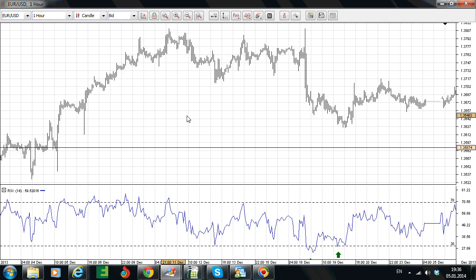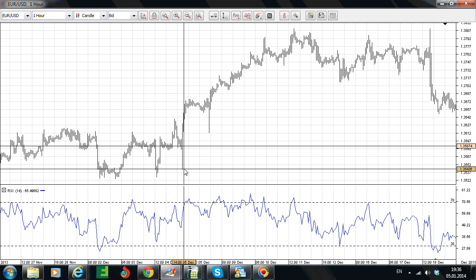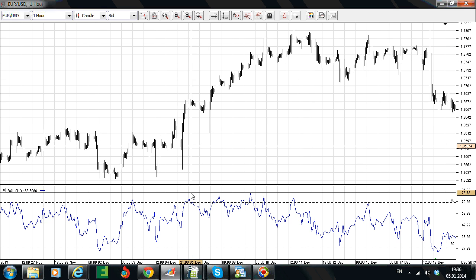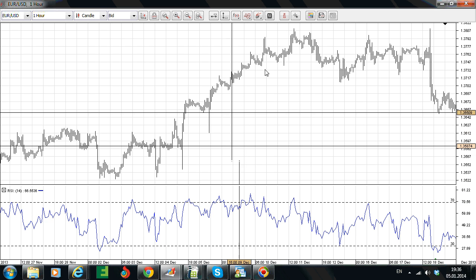If you go back in time on the 1 hour chart, as you can see, price can stay here when price is trending. Like here, you have a strong trend on the Euro US dollar 1 hour chart, but the RSI shows 70 being overbought, and price is still going to the upside.